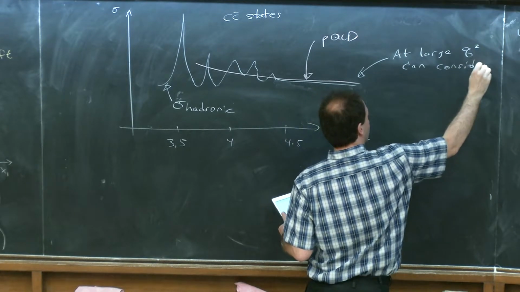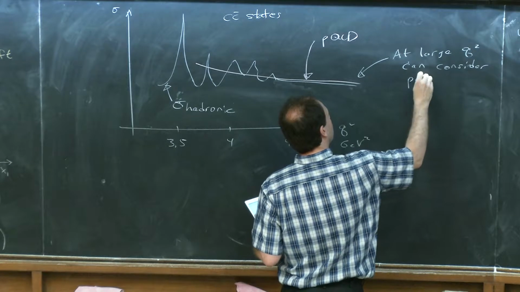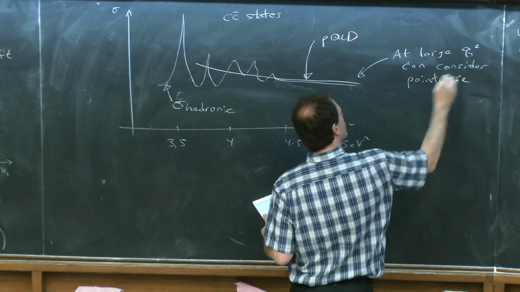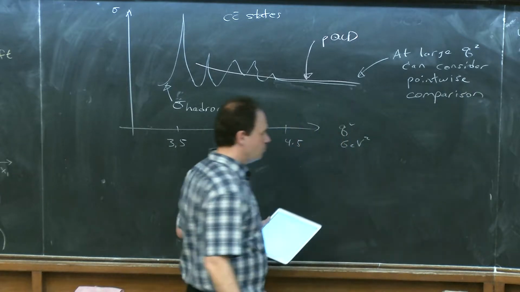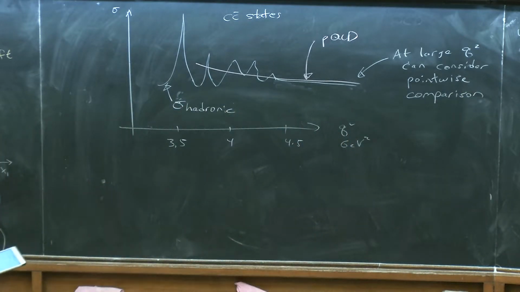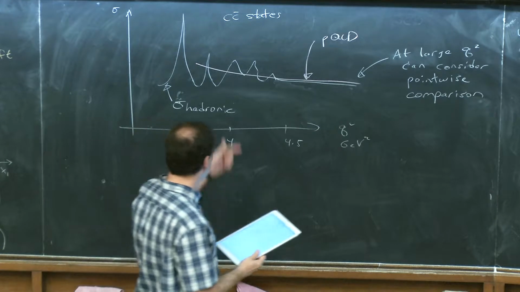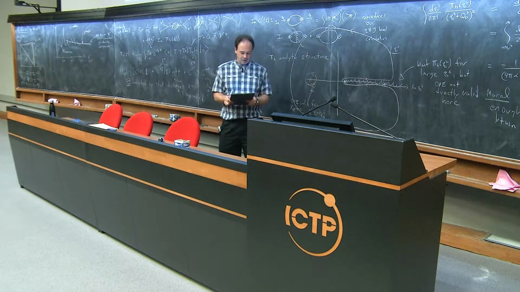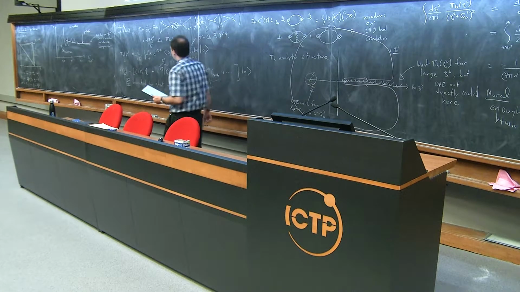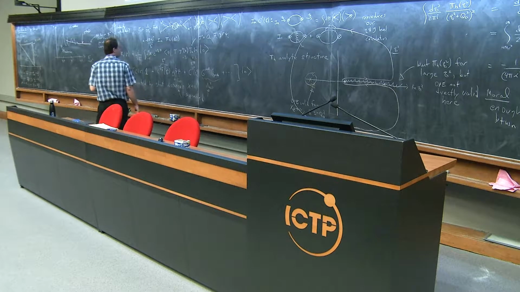And that's called using local duality. Okay, but that's the connection between hadrons and gluons. So it's not true in general that they're just going to be equal. We have to be careful to sum over enough states on the two sides. Okay, so that was one of the questions that we wanted to address.